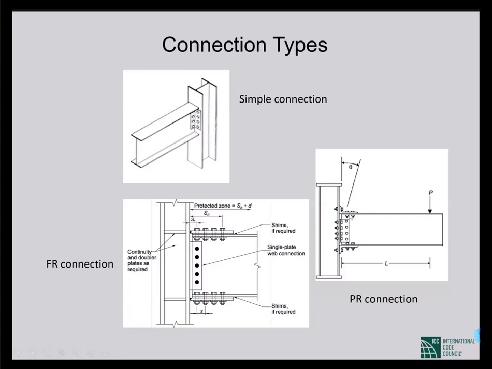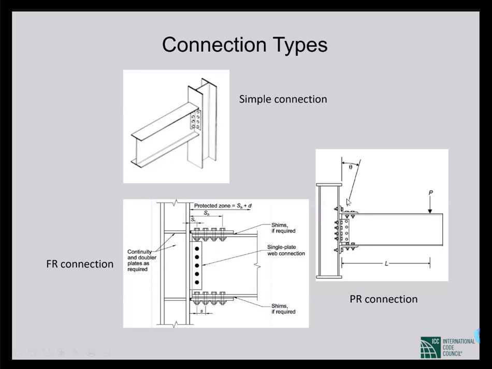But these angles undergo some deformation. When they undergo some deformation, there is relative rotation that is produced, shown here as theta. Relative rotation is produced between beam and column. They are no more rigid. When the angles connecting the beam flange and column flange themselves undergo some deformation, then there is relative rotation between beams and columns.